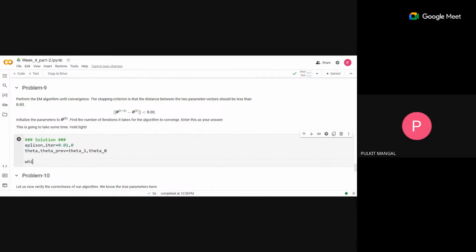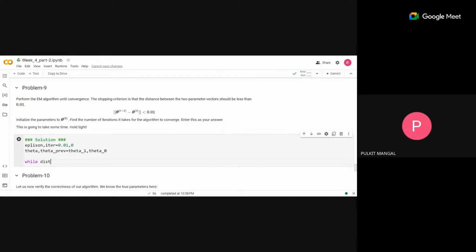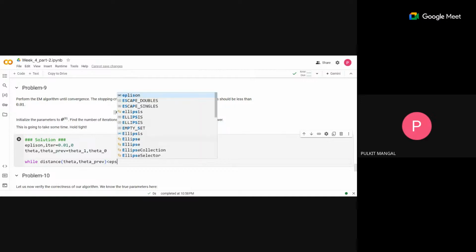So while the distance between theta and theta prev is less than epsilon.